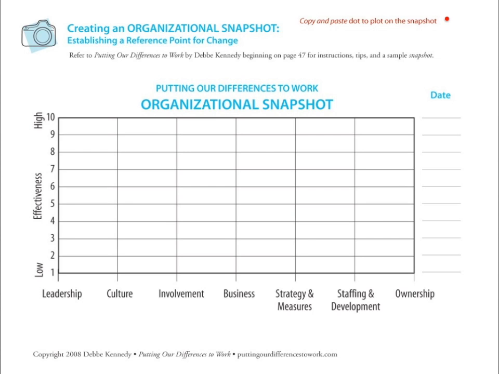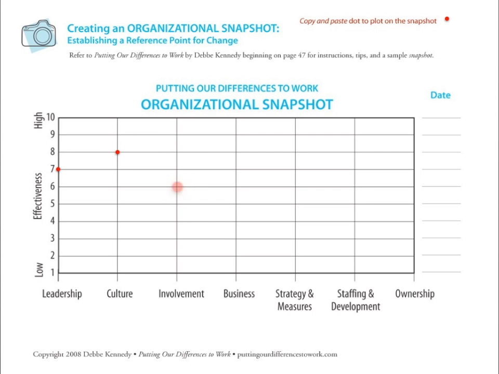So what I'm asking you to do is fill out this organizational snapshot for yourself, as well as for 3 people that you'll interview from the organization that you choose, okay? So let's just take a look here. This is based on your reflection, your opinion, right? So let's say that you think leadership is pretty effective, so we'll give it a 7 out of 10. We go on throughout.